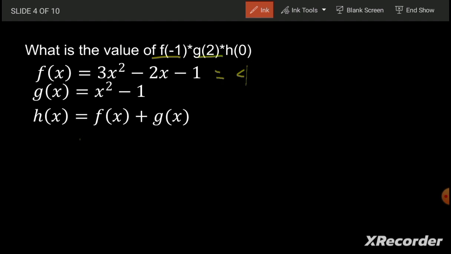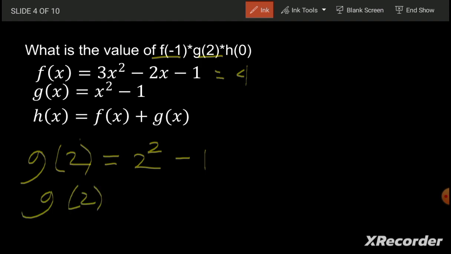So from here, g of 2 is equal to x squared minus 1, but again, x becomes 2. So 2 squared minus 1. Therefore, g of 2 is equal to 2 squared minus 1. That's 4 minus 1, and that is 3. So we have here a 3.